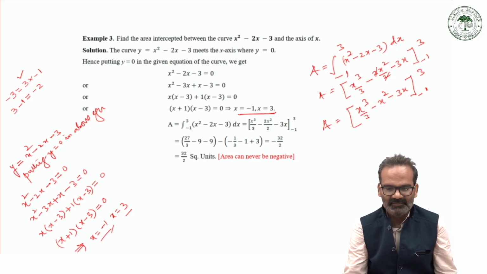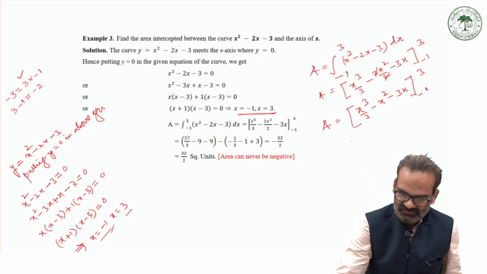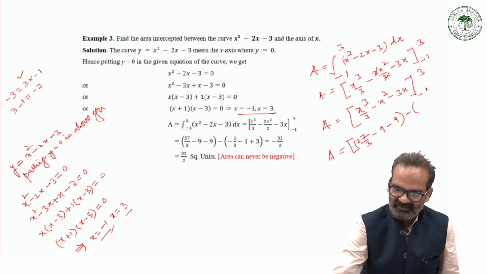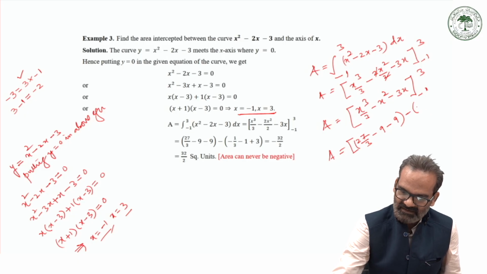Now substitute the limits and then simplify it. So what you will get, A will be equal to 3 into 3 into 3, that is 27 by 3, minus 3 into 3, that is 9, minus 3 into 3 is 9. This is bracket 1, minus, used for minus 1. Minus 1 raised to the power 3 will be minus 1 upon 3, minus 1 square is plus 1, minus 1, and minus 3 into minus 1, that is plus 3, right?